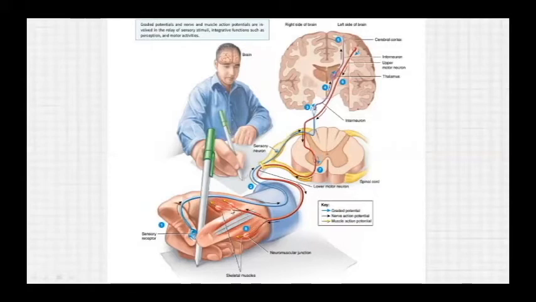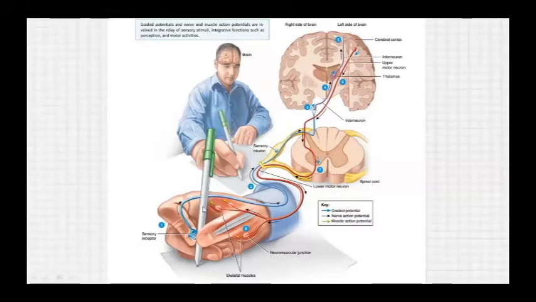If you remember, when we studied the muscular system, we discussed the neuromuscular junction, in which motor neurons, or the motor end plate, are attached to the skeletal muscles. And from that, the nerve action potential is transformed into muscle action potential, which causes the muscle to contract and produces an action.